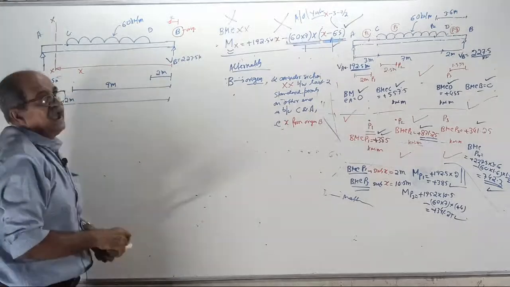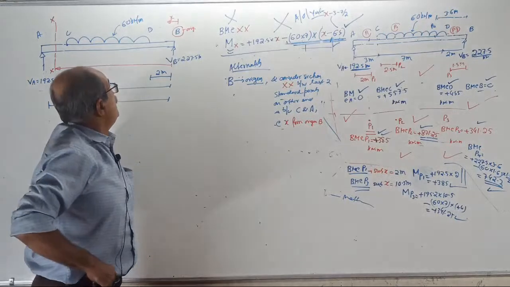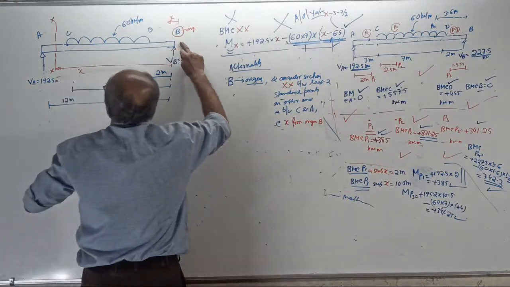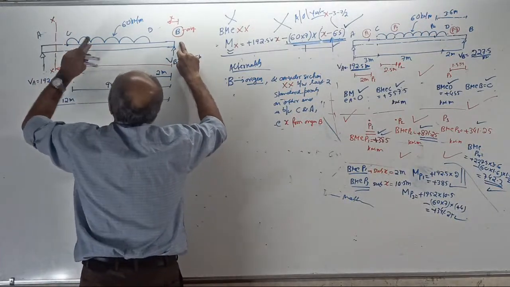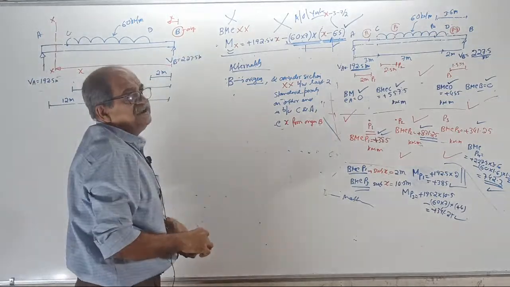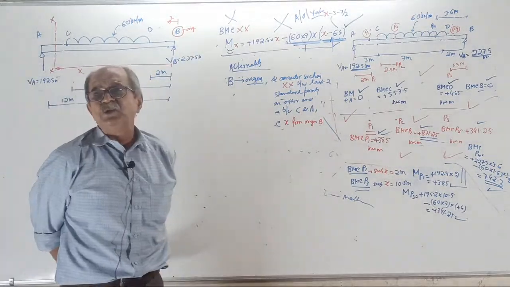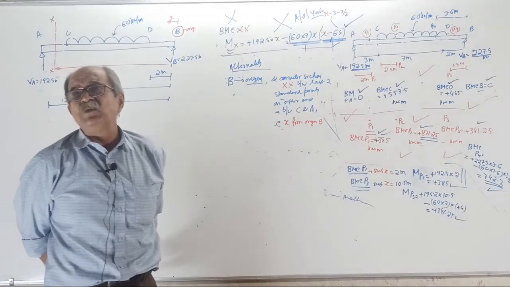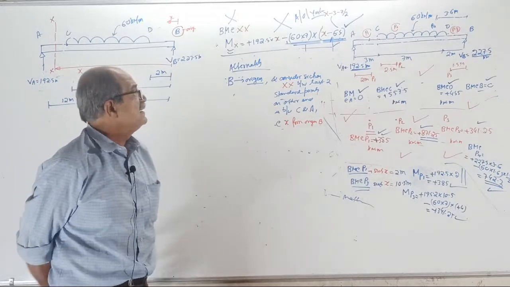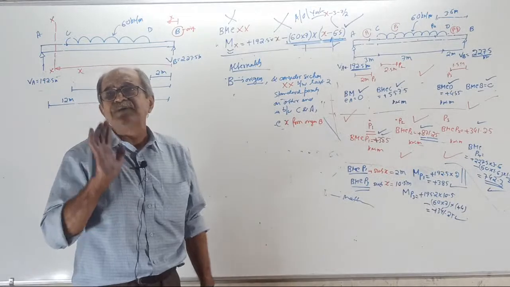And now, the statement you write. We took B as origin, we consider section between C and A, last 2 points. Condition 1 satisfied, condition 2 satisfied. What? Extreme end origin, other side section XX. But this is not passing through UDL.